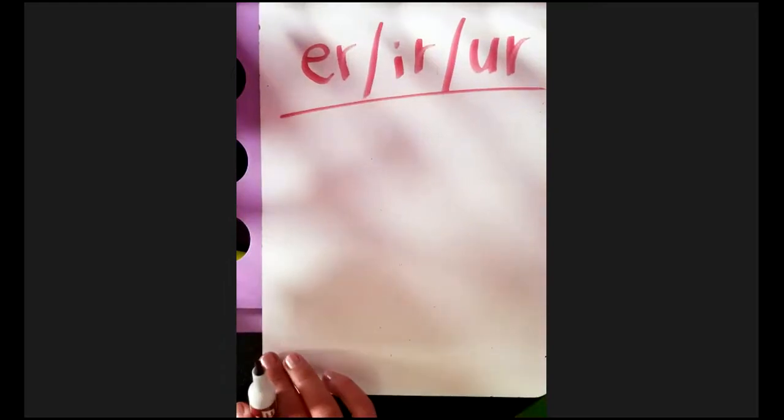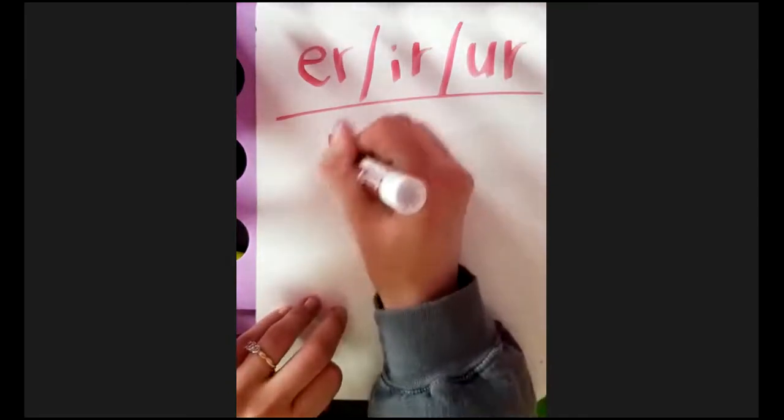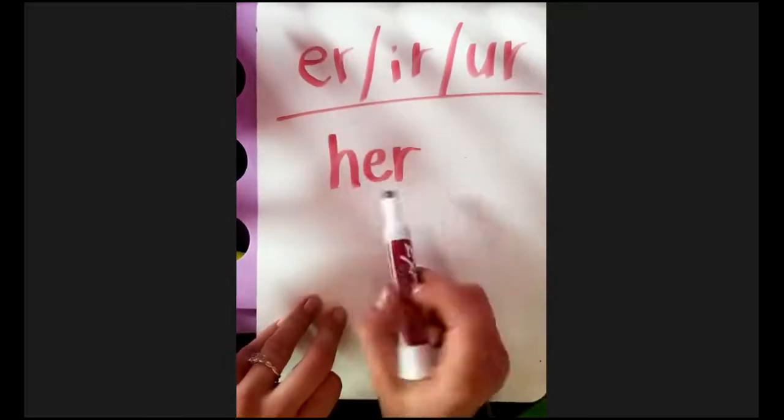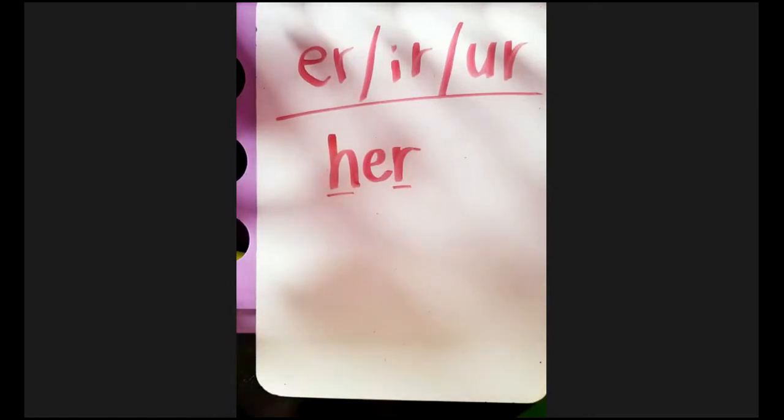The other ones we wanted to look out for were these three. These three are easy because they all make the same sound. ER, UR, and IR all make the same sound. You don't even really hear the vowel. So in the word her, we'll start with ER first. Her, you hear her. Do we hear that E? Not really. We don't really hear that E at all.